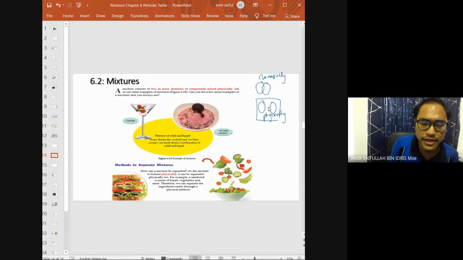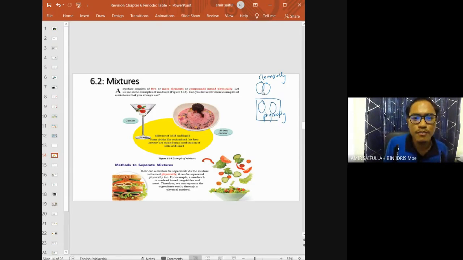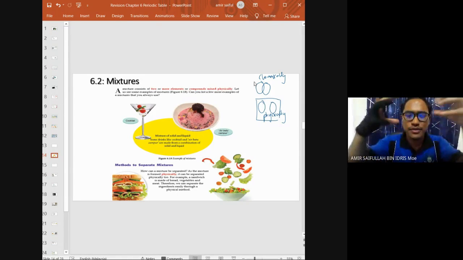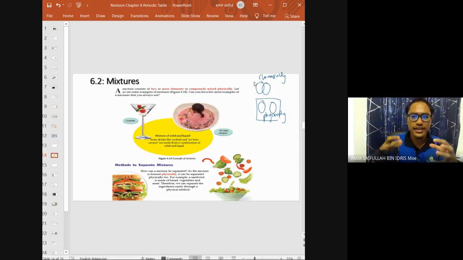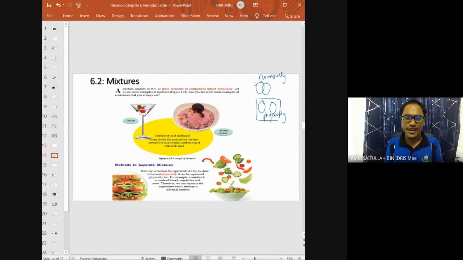Meaning they meet each other, but they are not married to each other. Simply put, compound is already married, already together. But physically they just meet each other only, but they are not having any relationship together. Can you understand? That's the simplest example I can give.